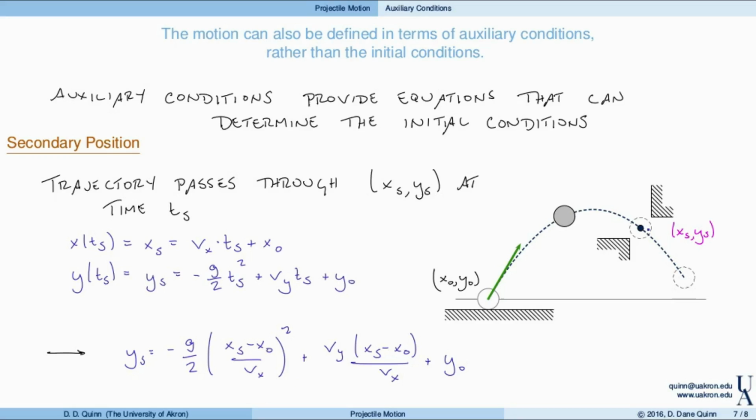So again, if we have a secondary position, we can use that information to develop another equation that will allow us to determine the appropriate initial conditions. Because I can't specify all the initial conditions and the secondary positions independently, right? Those two things have to be consistent with one another.